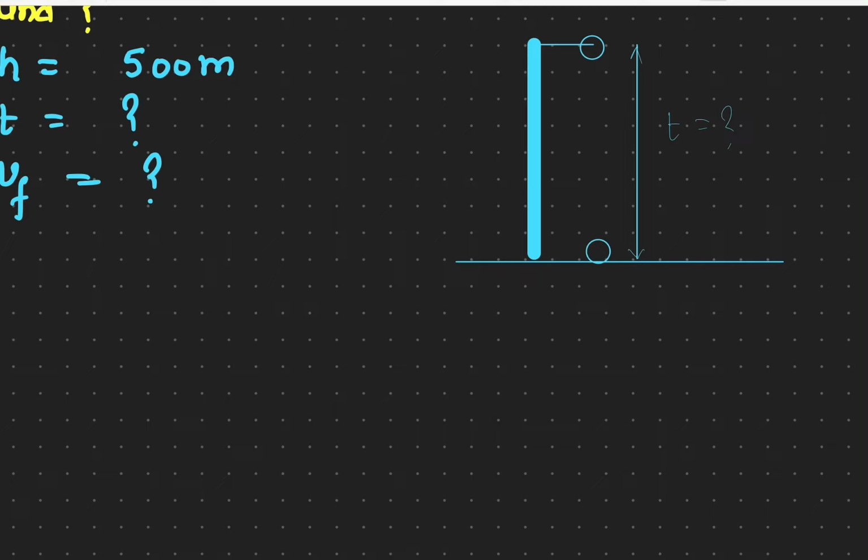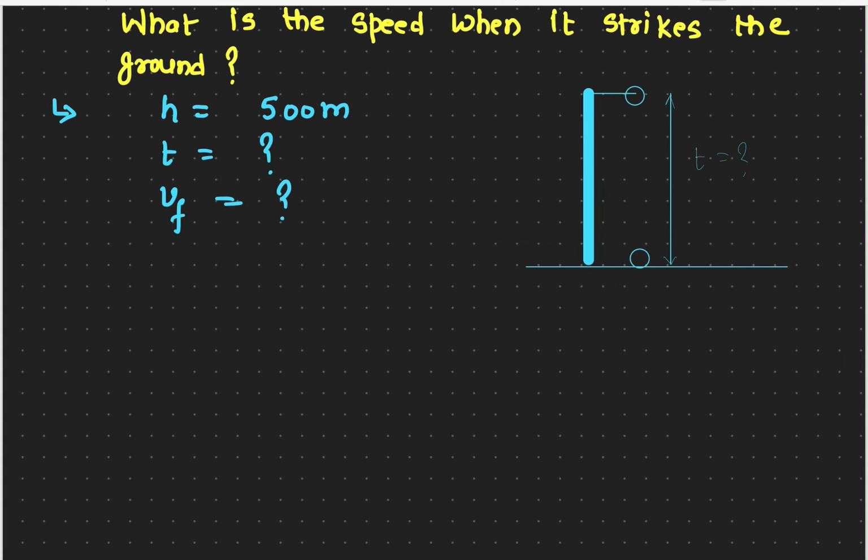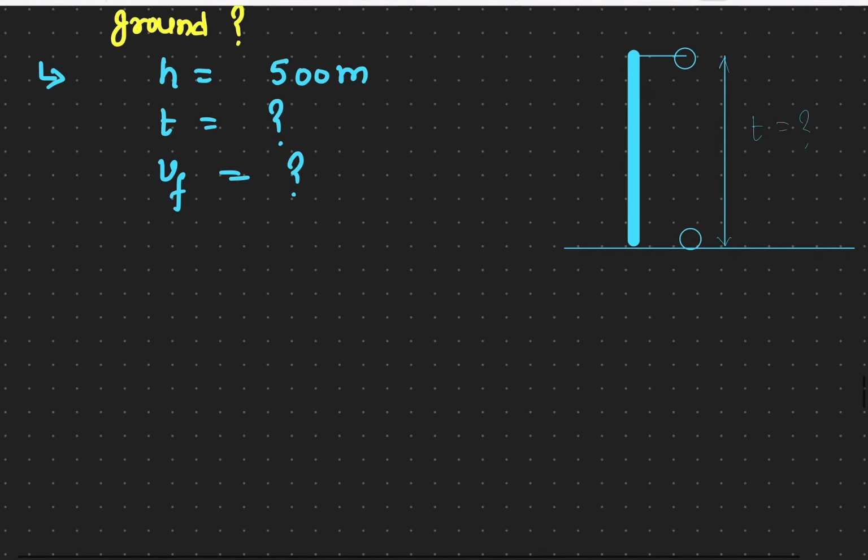So how do I find out? All you need to understand is the kinematic equation. So I'll write down the equation here. One equation you can use is Vf, the final velocity, is equal to Vi plus gt.